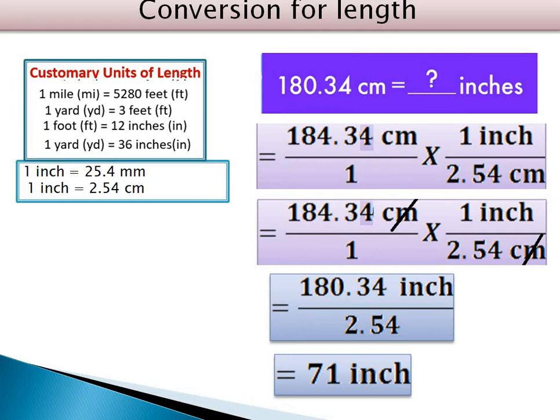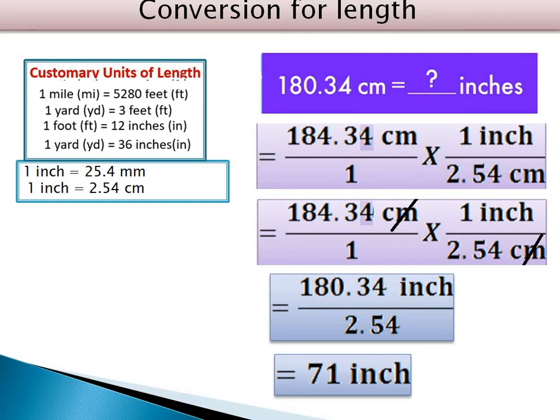Have you understood? I will explain once again. 180.34 centimeter I wanted to convert into inches. So 180.34 centimeter into 1 inch is nothing but 2.54 centimeter. So I am dividing 1 inch by 2.54 centimeter. Now here 1 inch divided by 2.54 centimeter is nothing but 1.